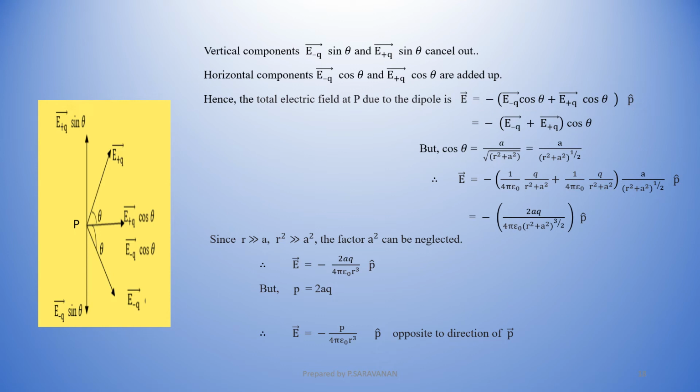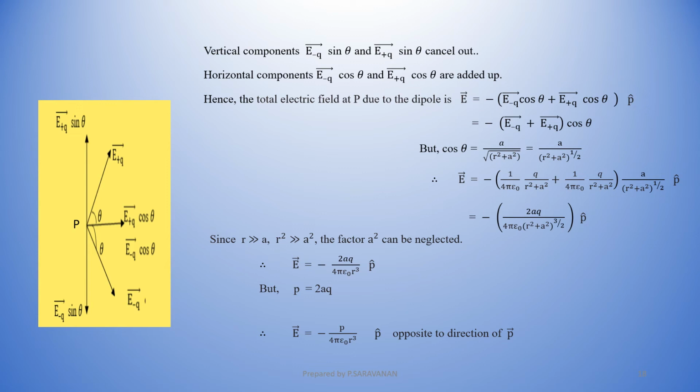Now let us come to the derivation part. The vertical components E_-q sin theta and E_+q sin theta cancel out. The horizontal components E_-q cos theta and E_+q cos theta are added up. Hence, the total electric field at point P due to the dipole is given by vector E equal to minus of (E_-q cos theta plus E_+q cos theta) into P cap.